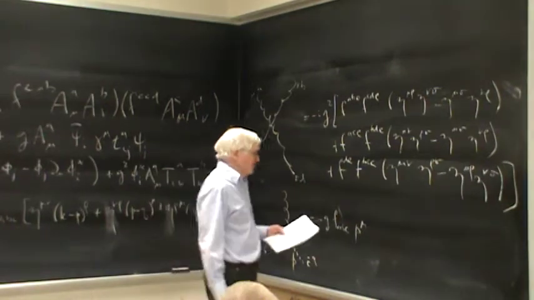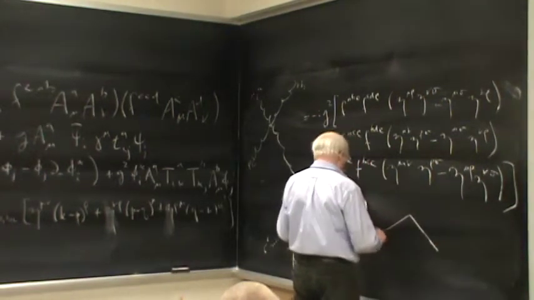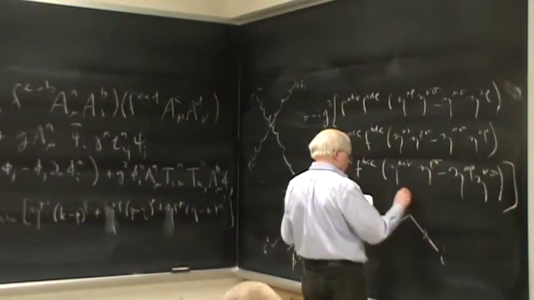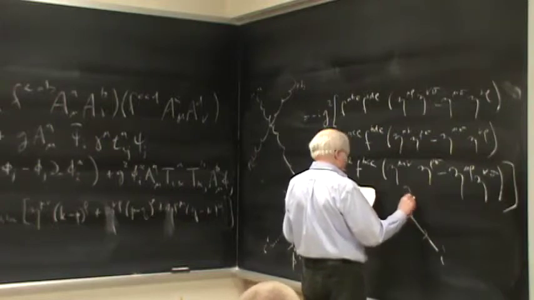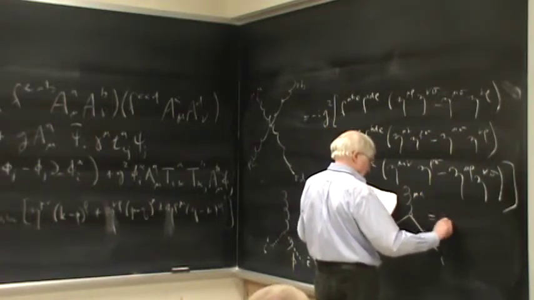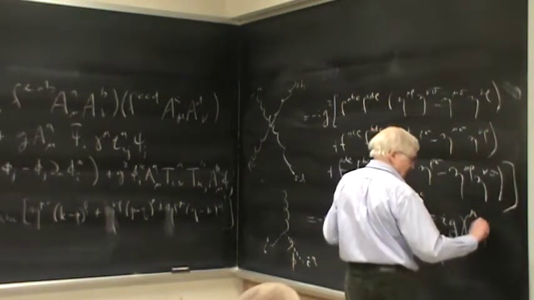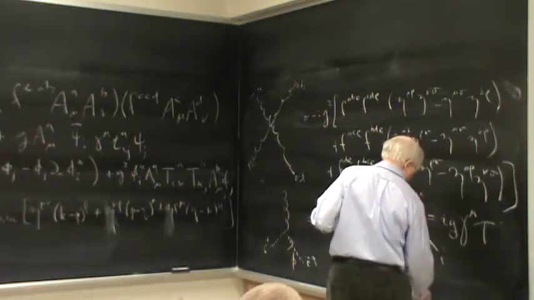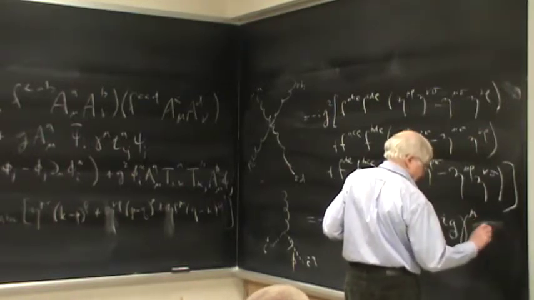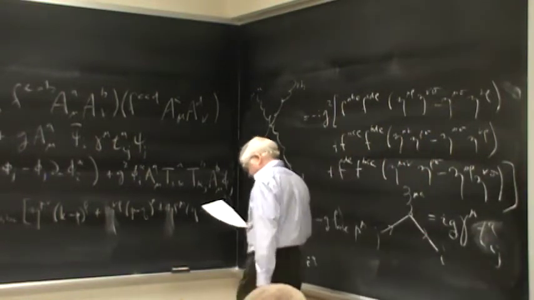Okay, then there's the fermion graph, and this one, of course, is the super important one. Mu color A, and this is I G gamma mu. Oh, I'm using little t's for fermion generators, so T A. So there's that vertex.